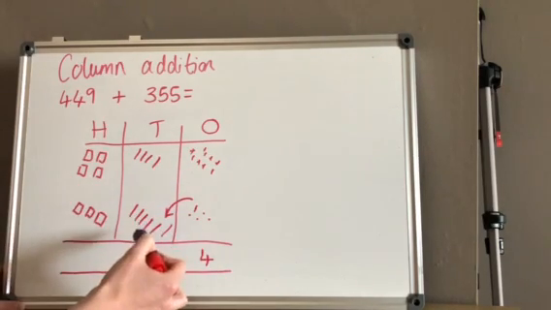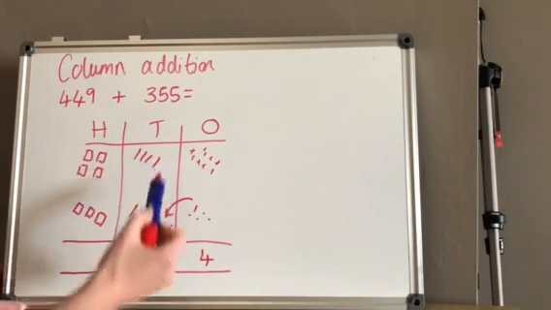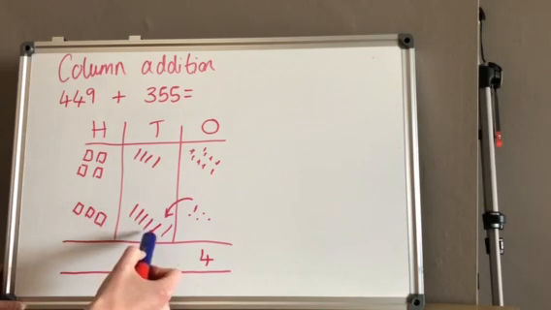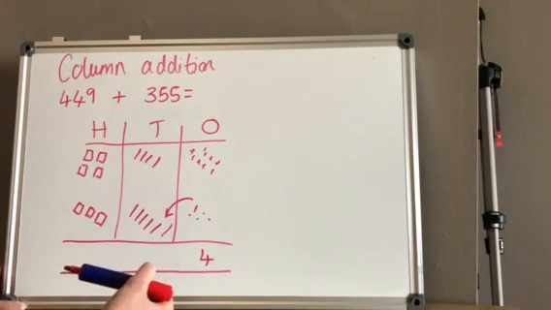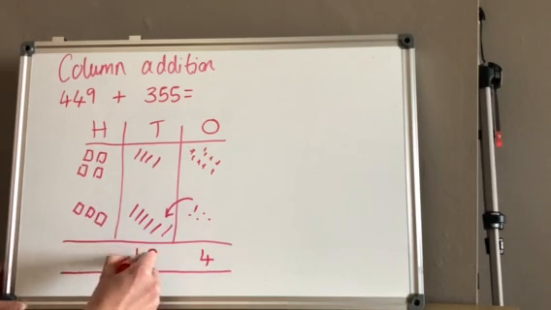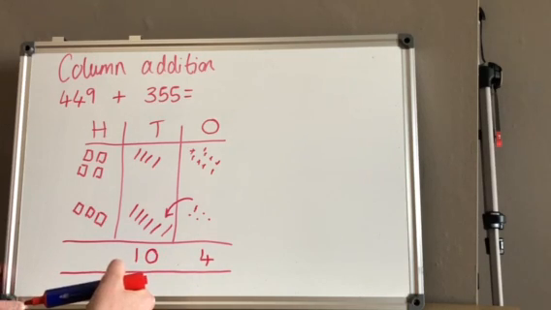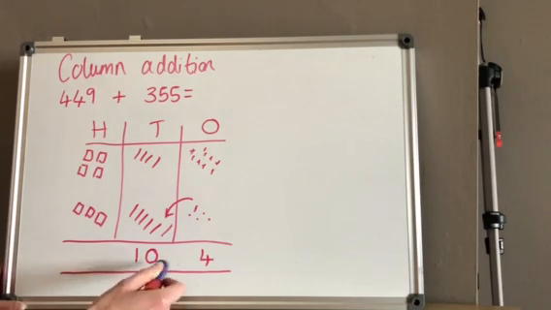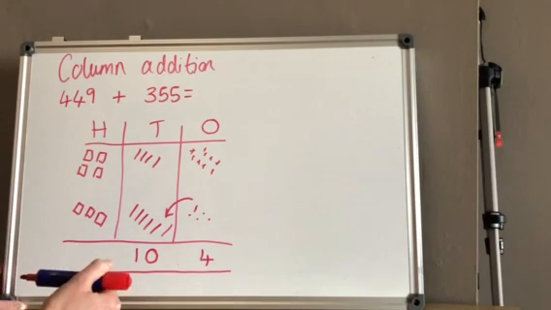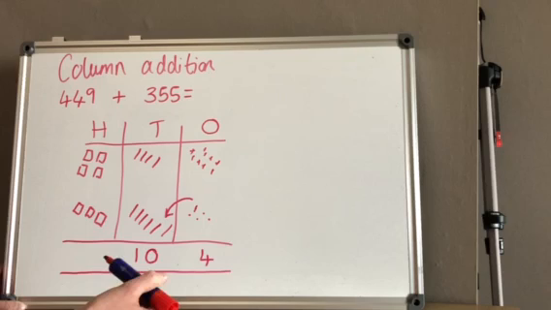So let's turn to our tens column now. So we've got 4 up here, 5, 6, 7, 8, 9, 10 all together. So we've got 10 tens in the tens column. Now again, 10 tens we know makes 100, so we can exchange again and turn this into 100.